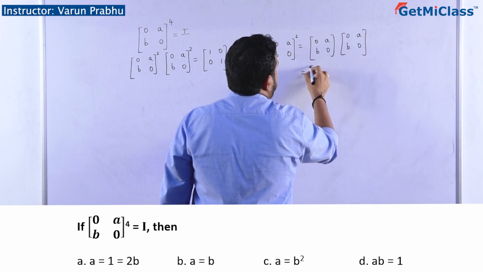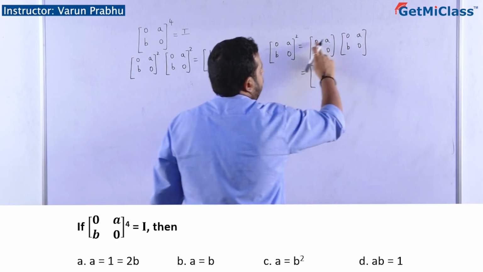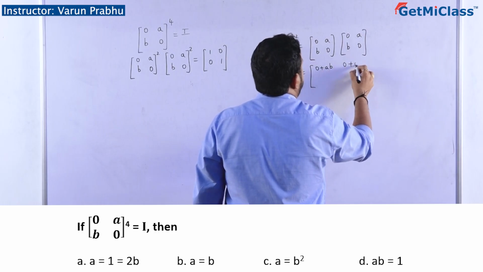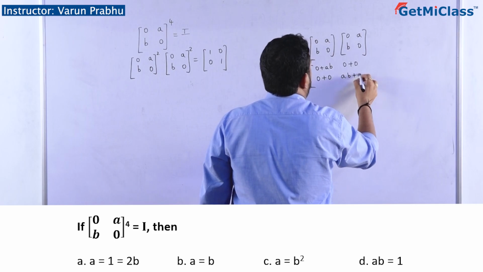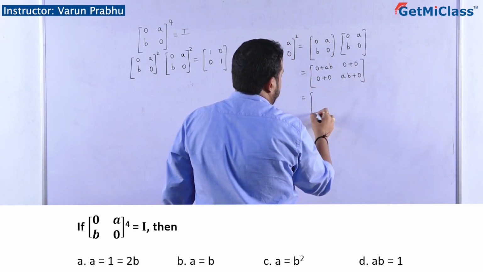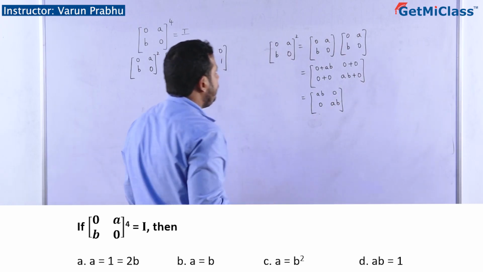So you can write this as 0 plus ab and 0 plus 0, 0 plus 0, ab plus 0. So this value will be equal to [ab 0; 0 ab]. Is it right?